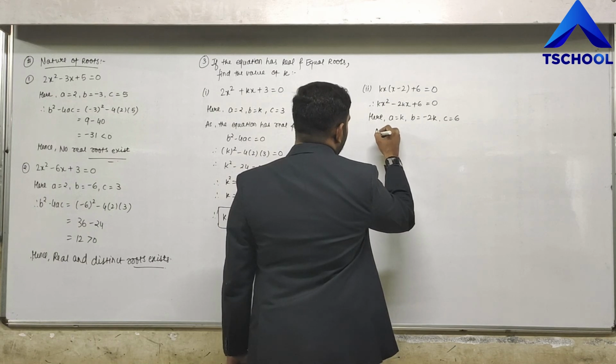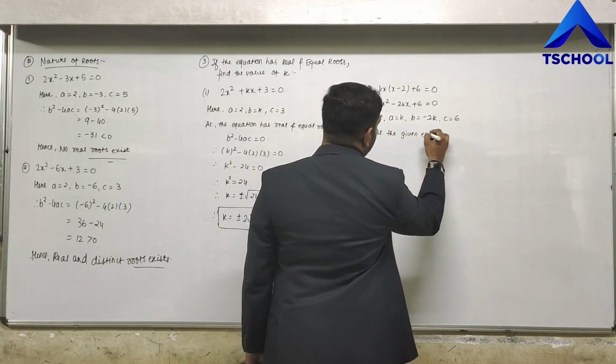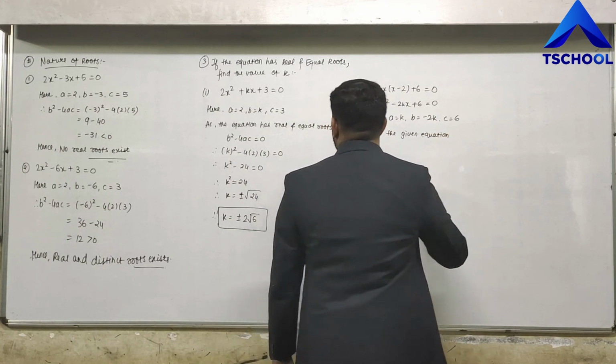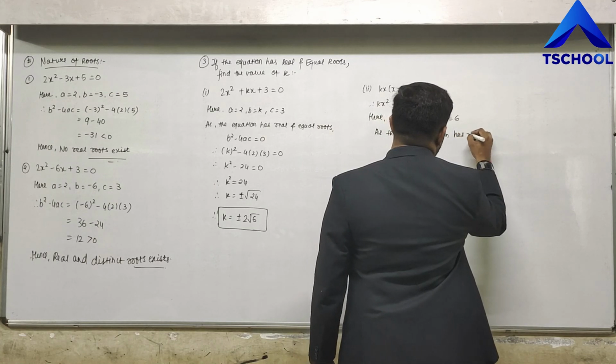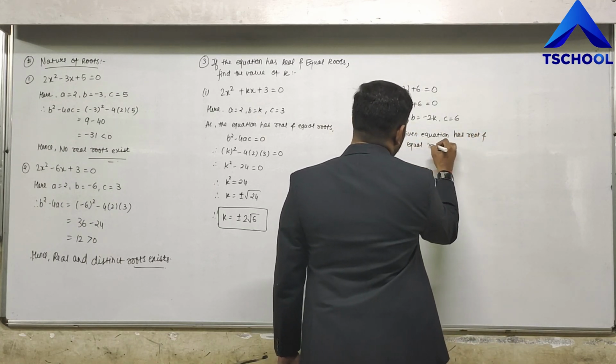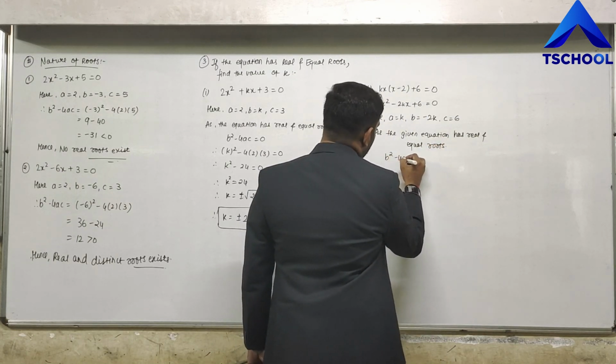Therefore, as the given equation has real and equal roots, b² − 4ac is equal to 0, right?